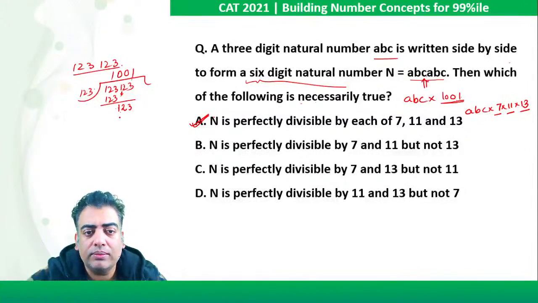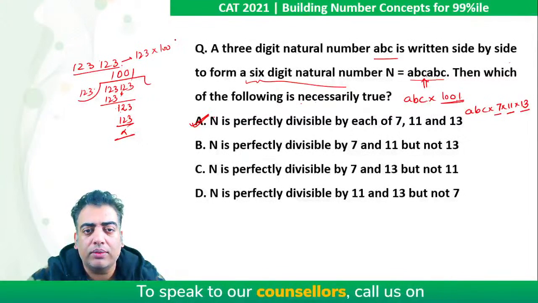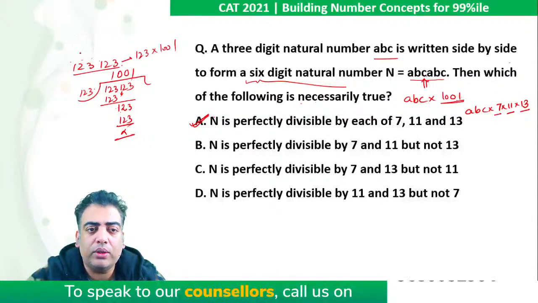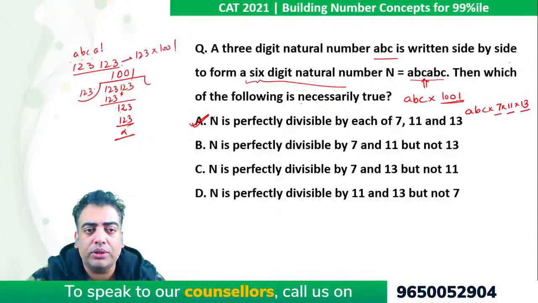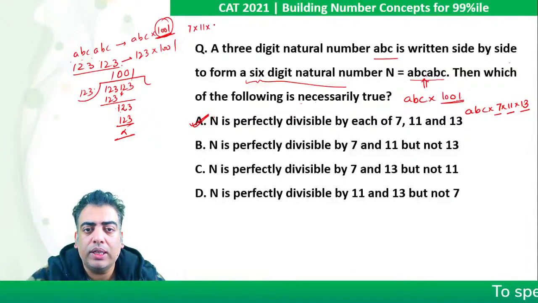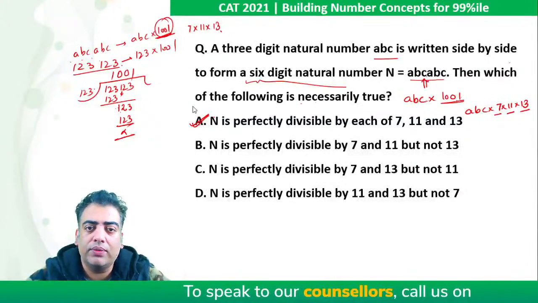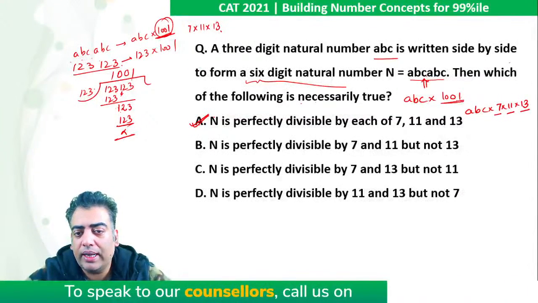Now it is divisible. So the factorized form of this number is 123 into 1001. Instead of 123, we have ABC in the question. So this is equivalent to ABC into 1001, and the factorized form of 1001 is 7 into 11 into 13. That's why A is the correct answer. It is divisible by 7, 11 as well as 13.